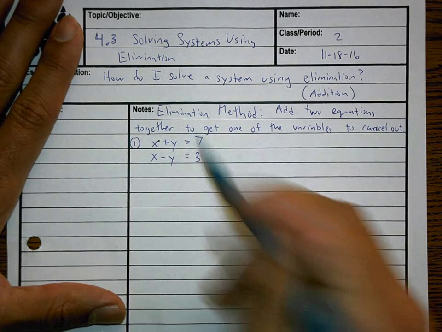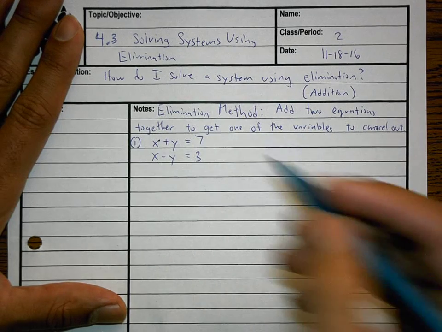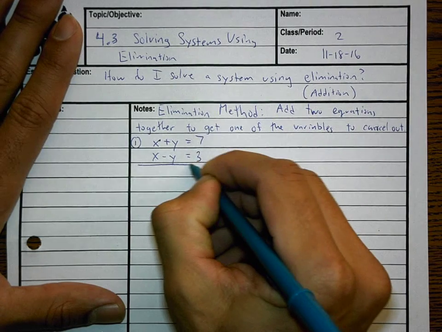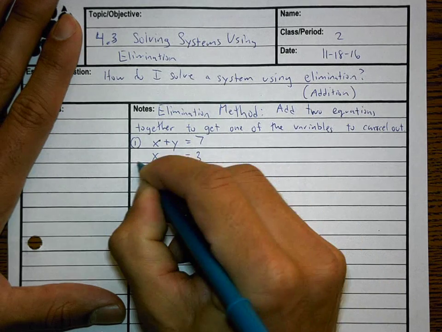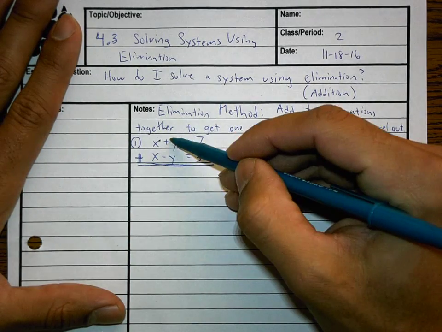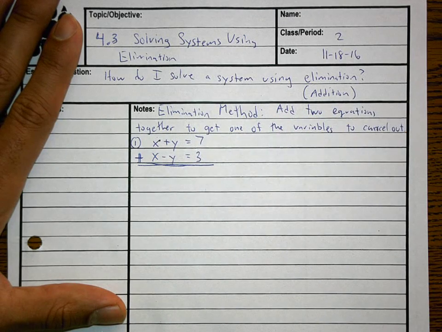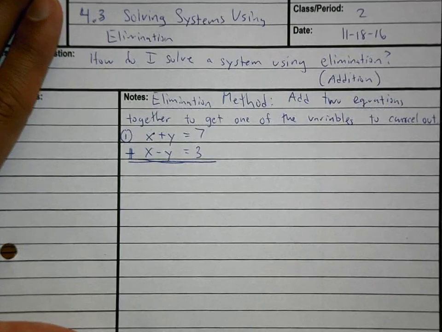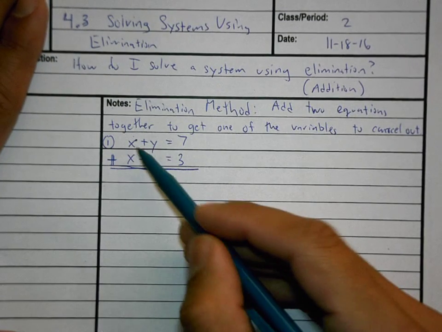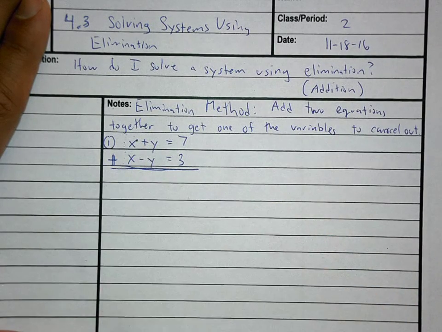So the elimination method is where we add these two equations together. When I put a line like this, what it means is I'm going to add this one with this one, and this one with this one, and bring the equal sign down. What we're really doing is x plus x. 1x plus another x is 2x.